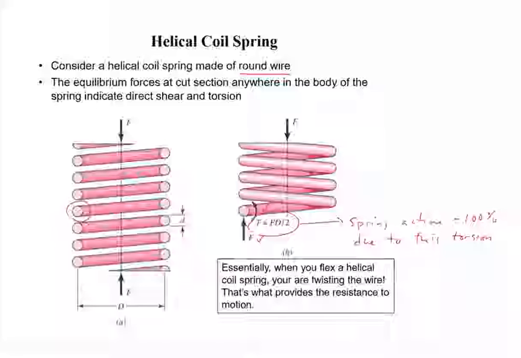If you want to think of it this way, what you're doing with a helical coil spring when you work it, imagine just having a straight strand of wire, and twist it. If you have a sizable length of wire, it actually becomes really easy to twist. And that's a torsional spring, right? Well, that's exactly what this is.